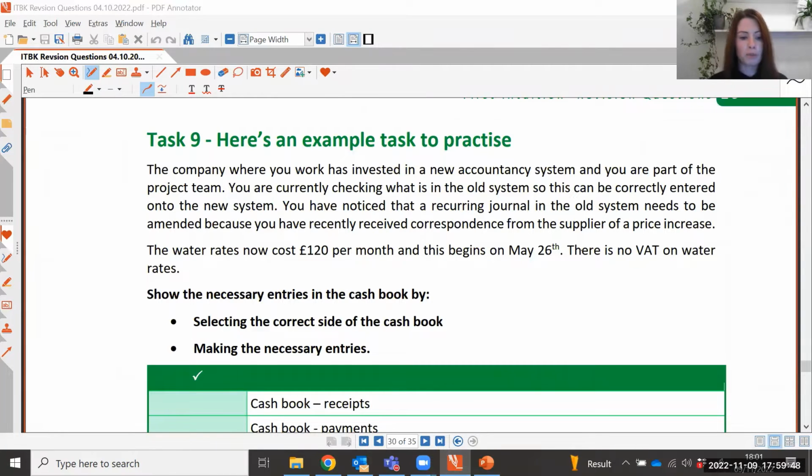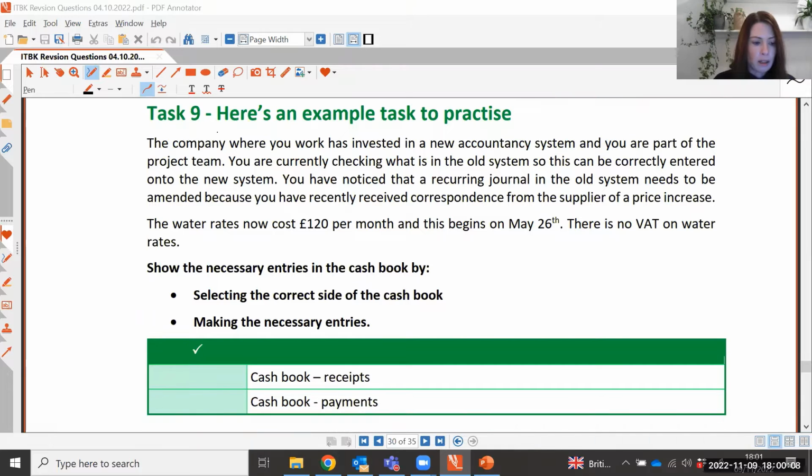Okay, so first of all, we've got task 9. As I say, this one is looking at processing recurring payments and receipts within a digital accounting software program. The company where you work has invested in a new accountancy system and you are part of the project team.